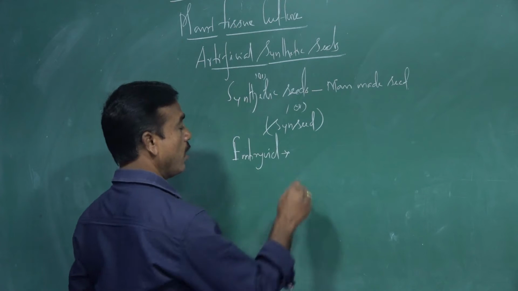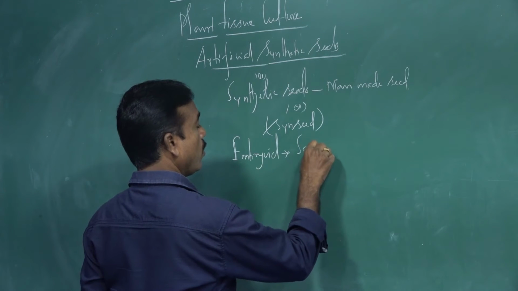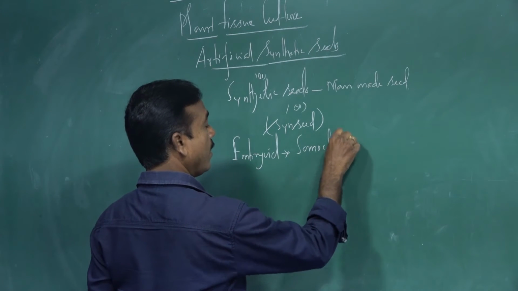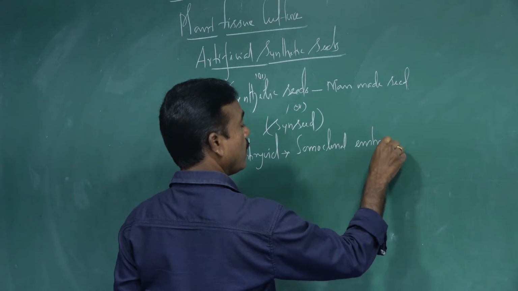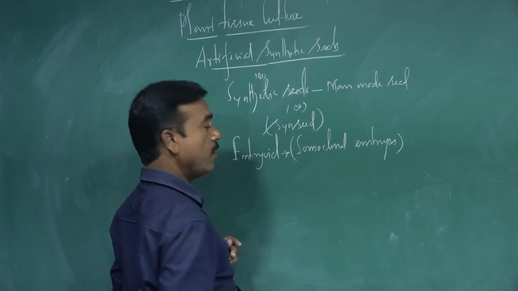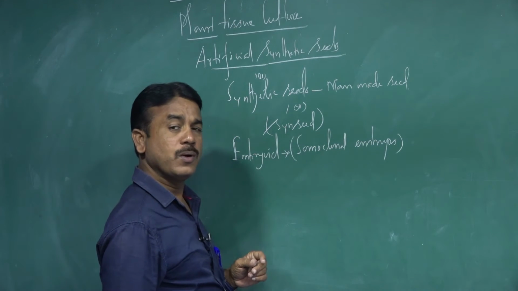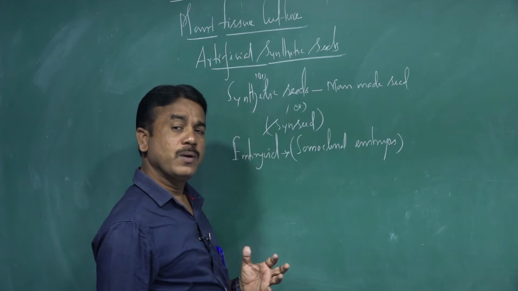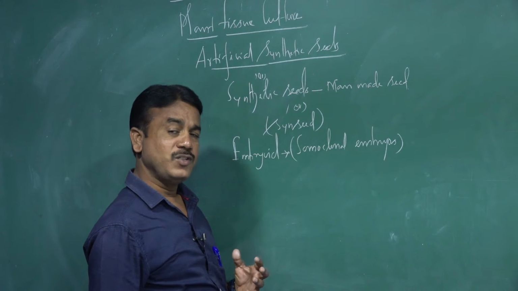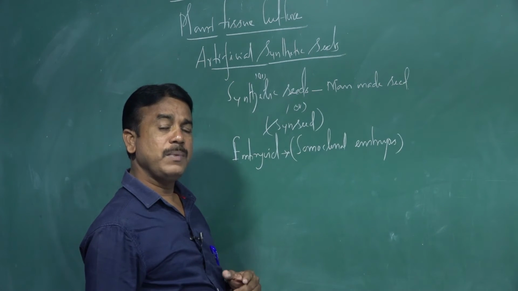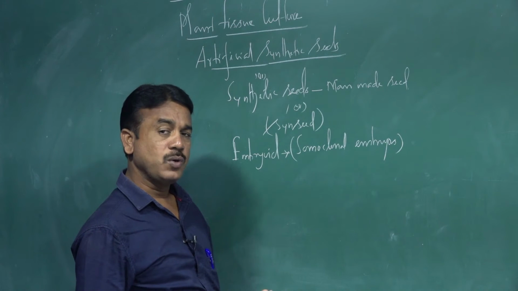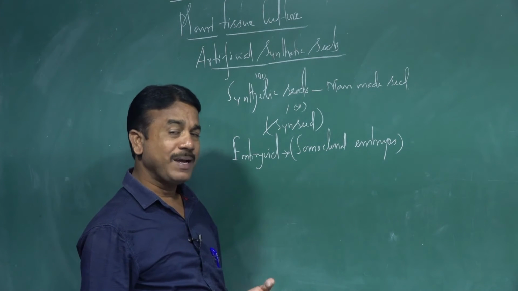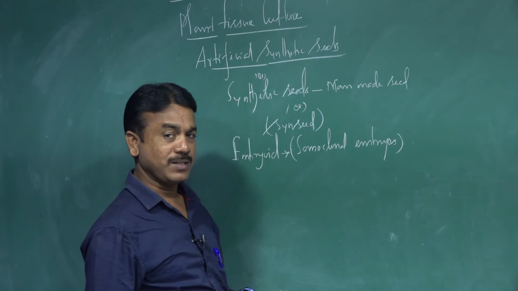Embryoids are also called somaclonal embryos. What is a somaclonal embryo? What is an embryo? An embryo, in general, results from the fusion of male and female gametes forming a zygote, and the zygote develops as an embryo. That is the normal process.